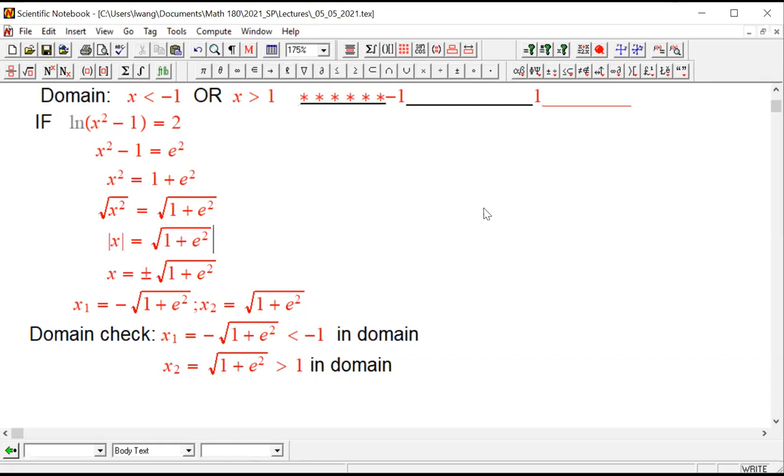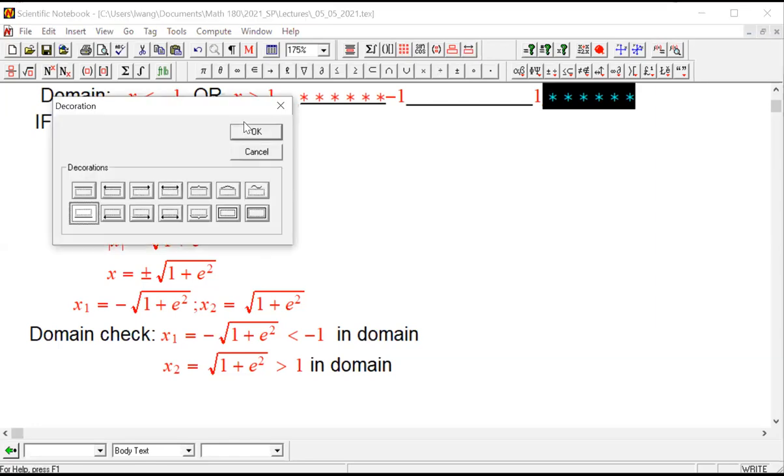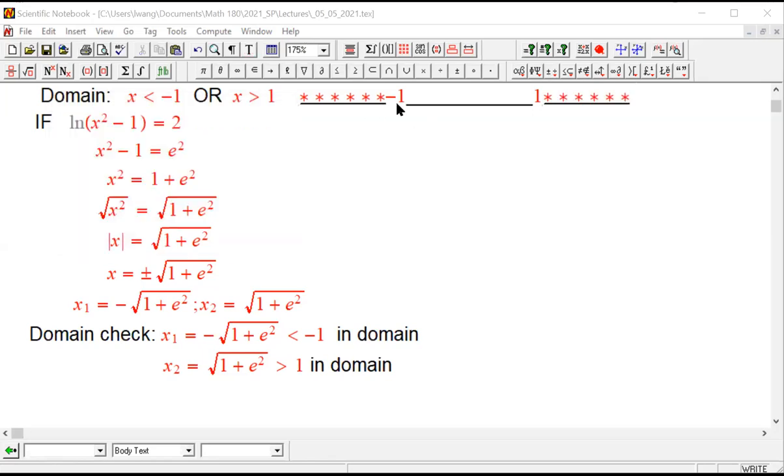It works, right? And over here, what I want to show you is the domain, so it doesn't go away. You see that? It doesn't include -1 and +1. So in between, let me make this piece smaller.